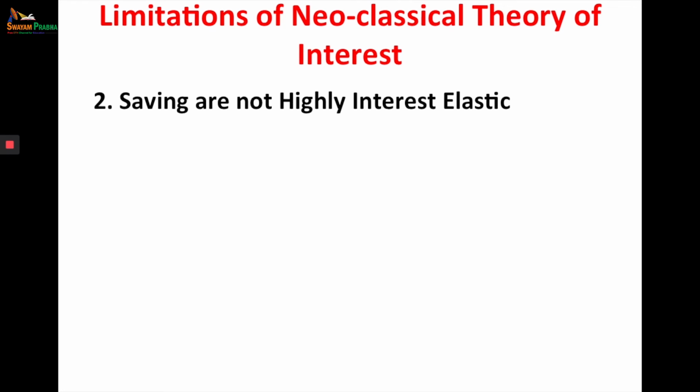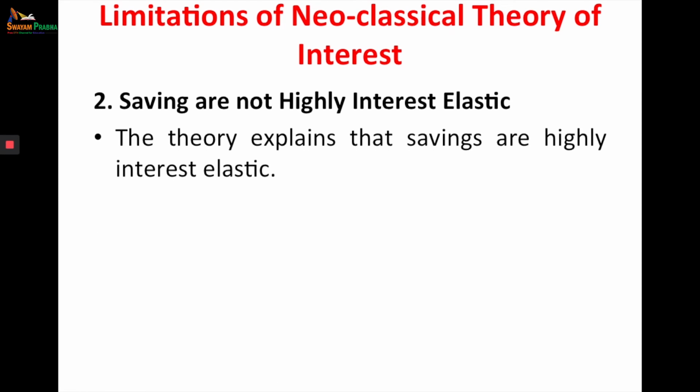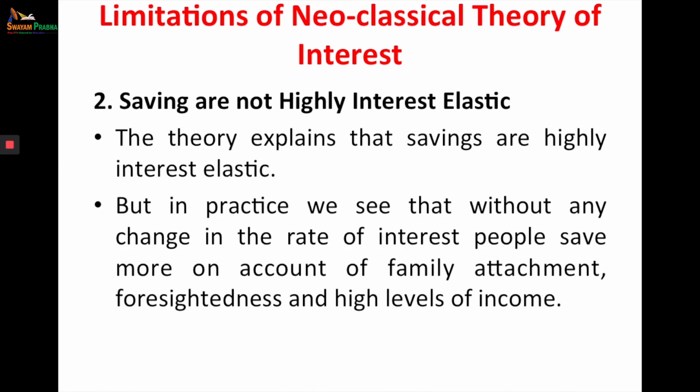The theory explains that savings are highly interest elastic, which is wrong. In practice, without any change in the rate of interest, people save more on account of family attachment, foresightedness, and maybe a high level of income.